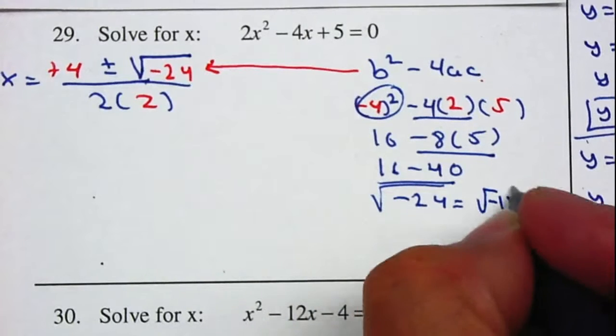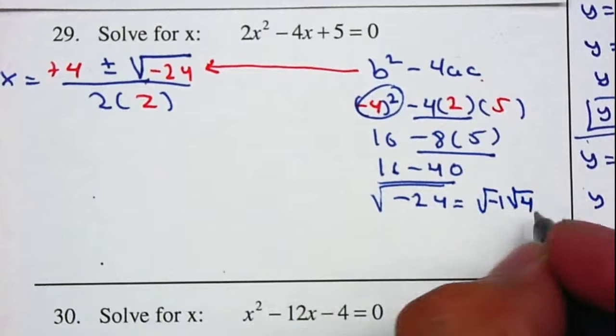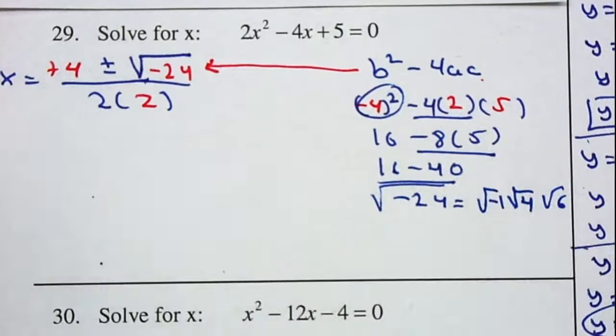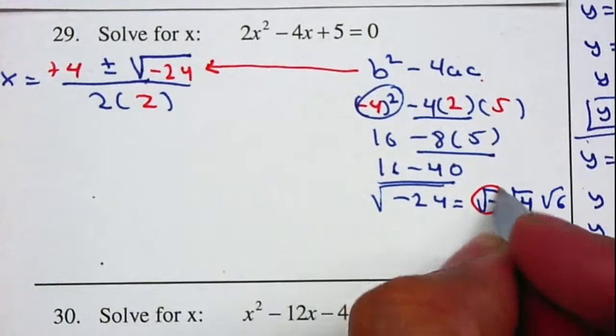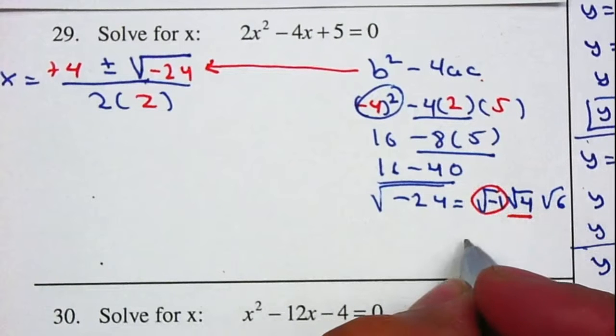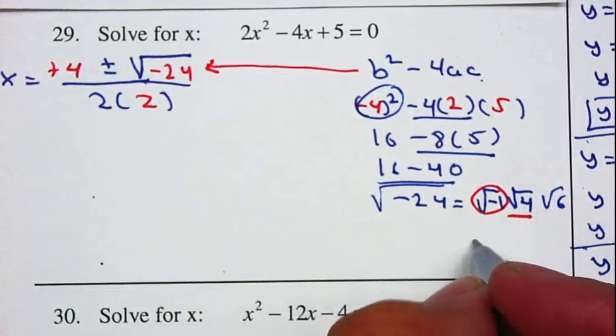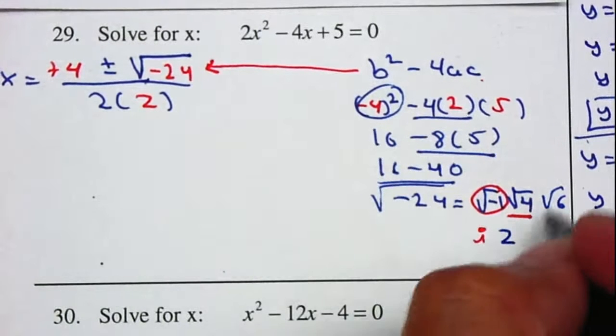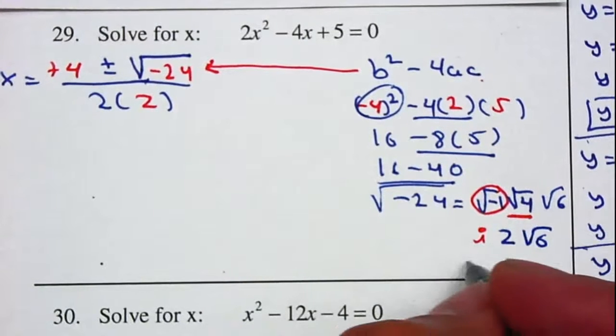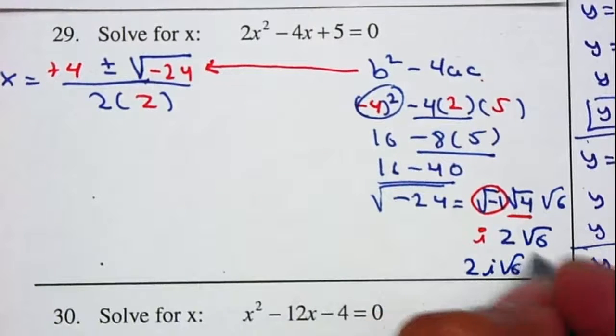I also know that the perfect square 4 divides 24, and it'll be 4 times 6. Remember, you are looking for perfect squares. The square root of negative 1 is i. The square root of 4 is 2, and then we still have a square root of 6. So that gives me 2i square root of 6.